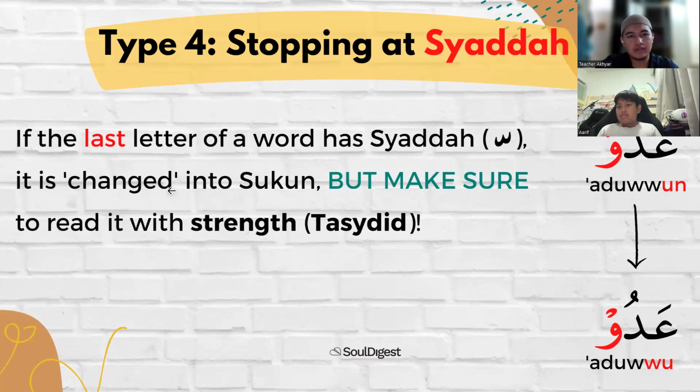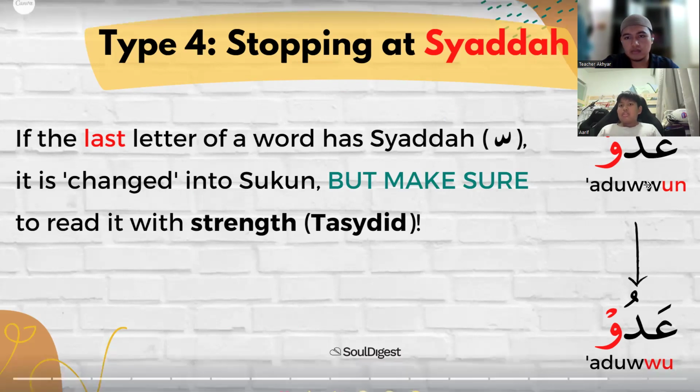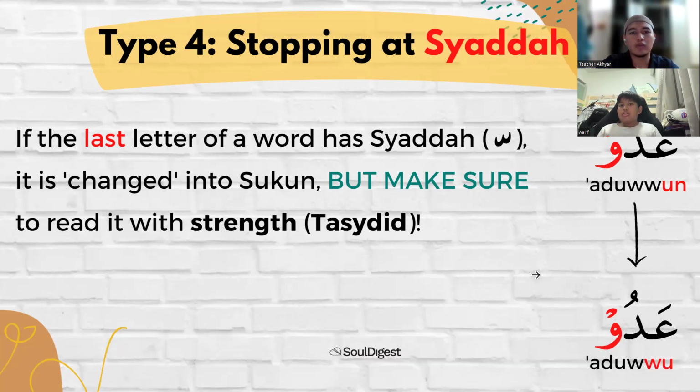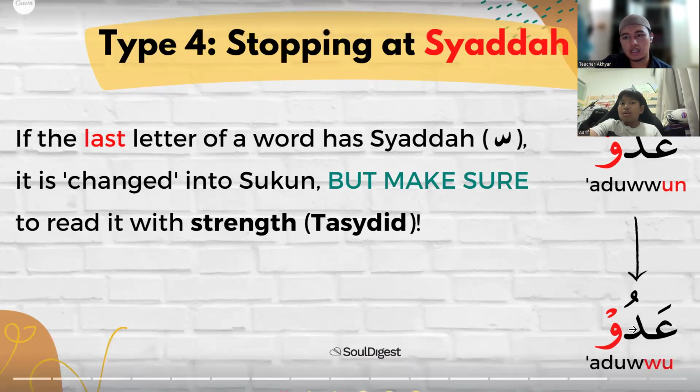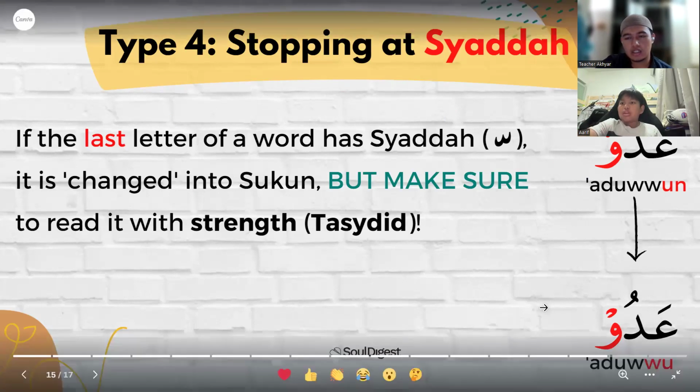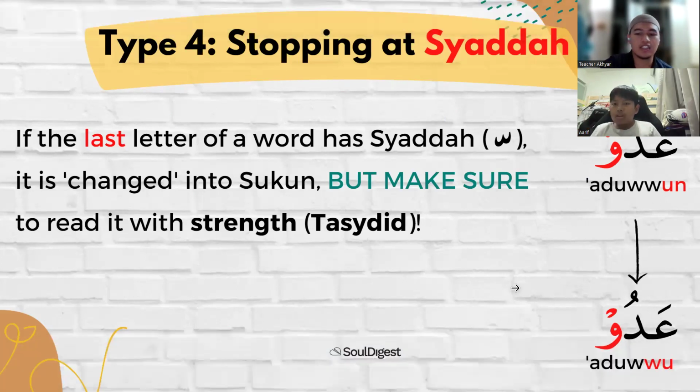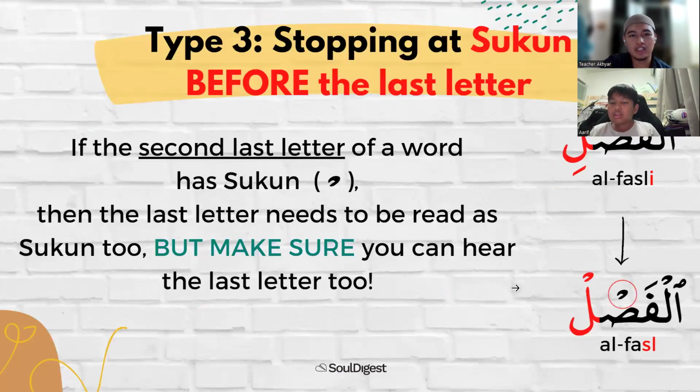So the same goes when we want to stop. We put sukun here. Just like the previous one, we have to make sure that we can hear the last letter.